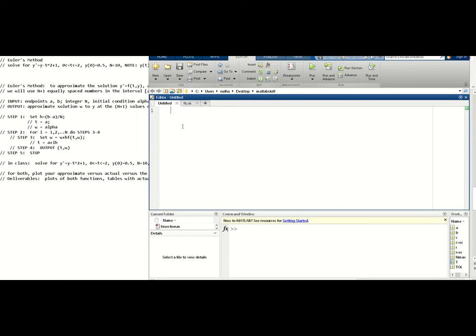Now over here, we're going to set this up. So there's going to be an Euler's method, and let's say what it's used for. It's used to approximate the solution of y prime equals f of t and y, with y of 0 equal to alpha.